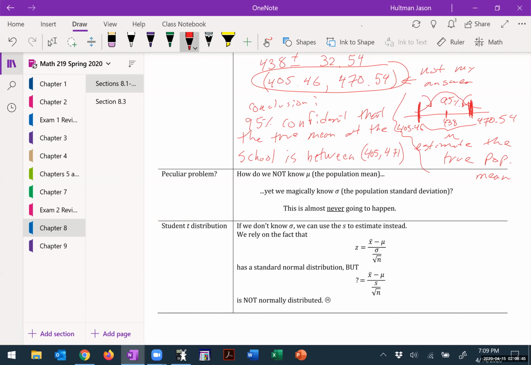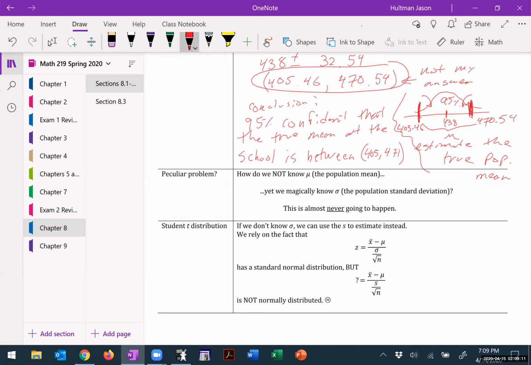Okay. Am I going to look at 600s? Probably not. This is probably not one of the top performing schools in America when it comes to math SAT scores. Now, could the true mean be 600?